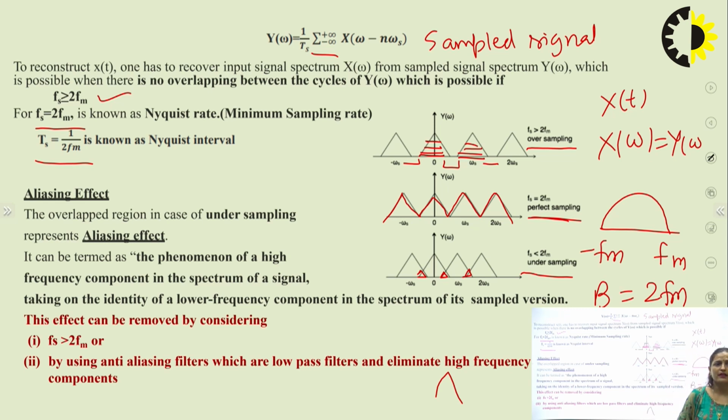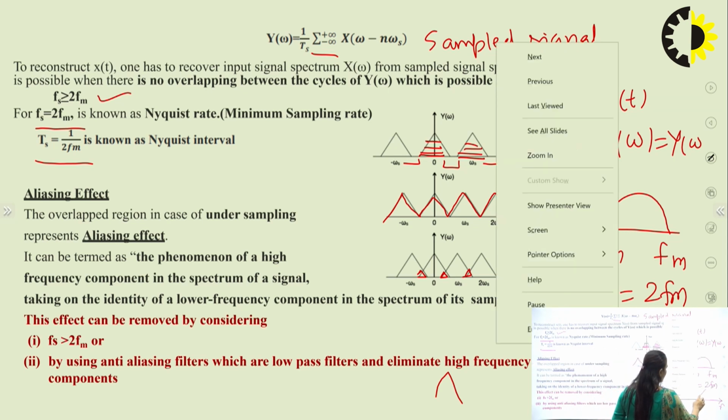So it can be termed as the phenomenon of a high frequency component in the spectrum of a signal taking on the identity of a lower frequency component in the spectrum of its sampled version. See here, what is the meaning of this statement? If I want to draw a signal, this is the frequency axis, I am drawing a signal here, and the next signal is this one.